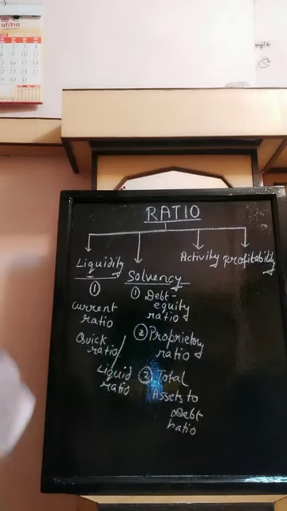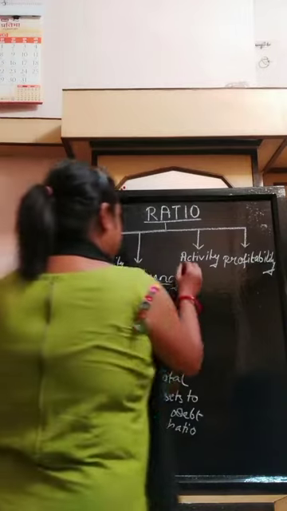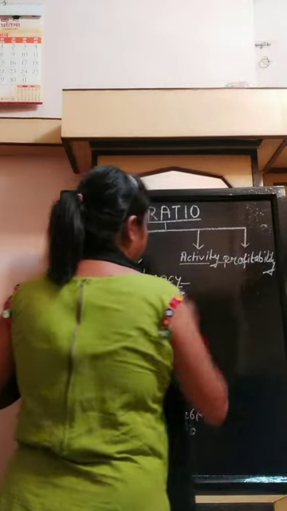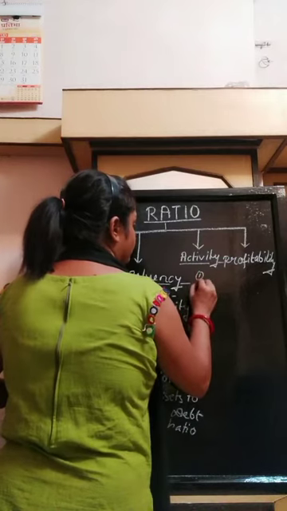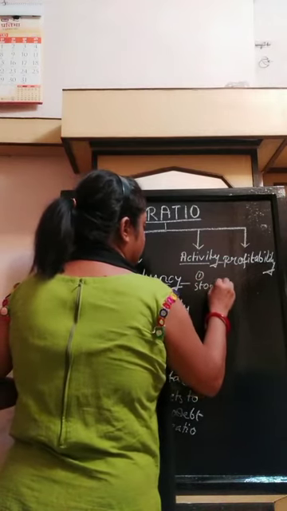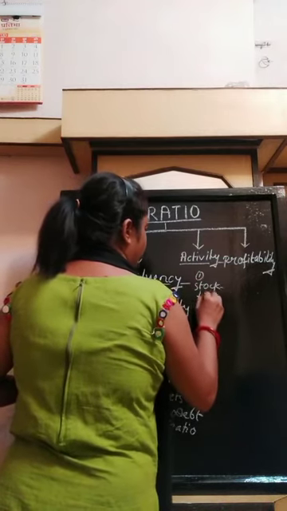Now the third type, that is activity ratio. Under activity ratio, the first ratio is stock turnover ratio.